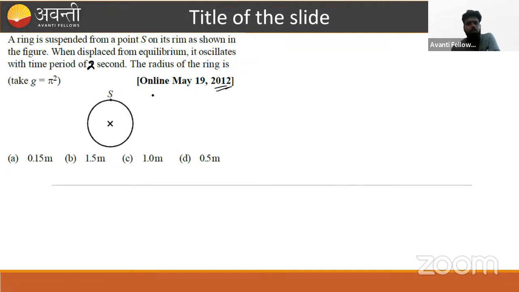Again, this is a beautiful problem, already asked in a previous JEE. How can we solve such a problem? Take your time and comment in the chat box.